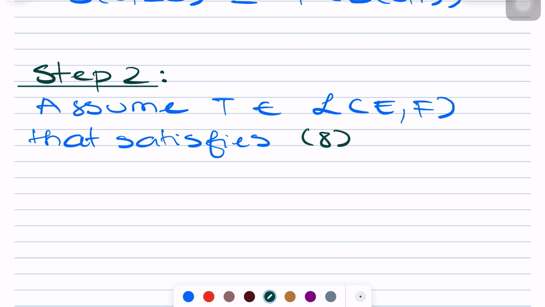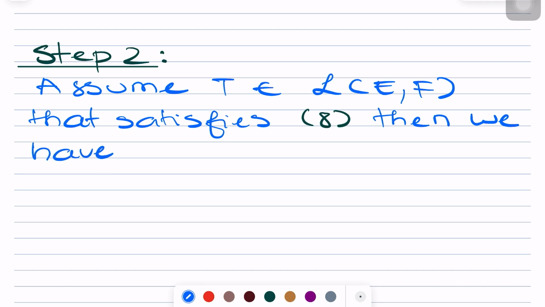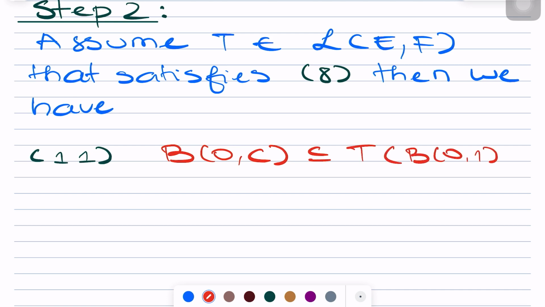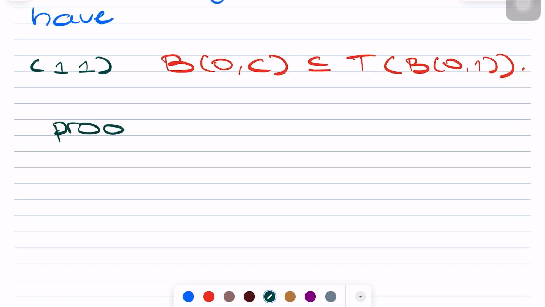Then we have (11), which is what we aim to prove: the ball is totally contained in T of this ball. This is the last step of the proof. So we prove step 2.